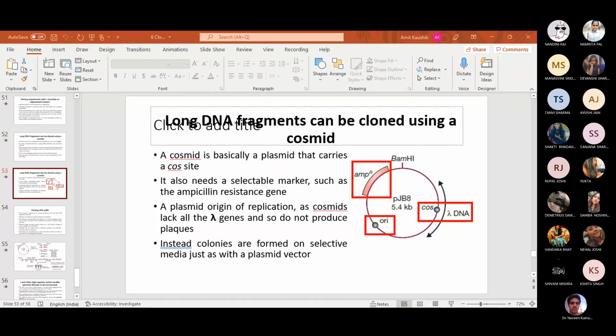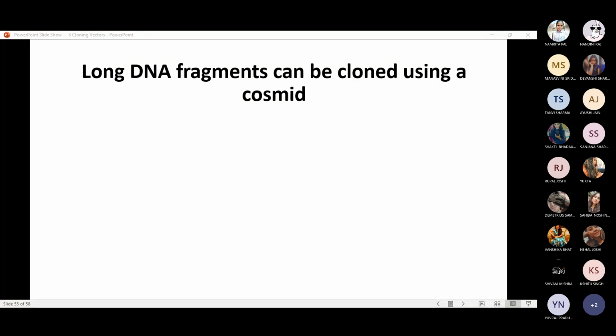And the slides are also visible to you? Yes, sir. Okay, so you are now 20.